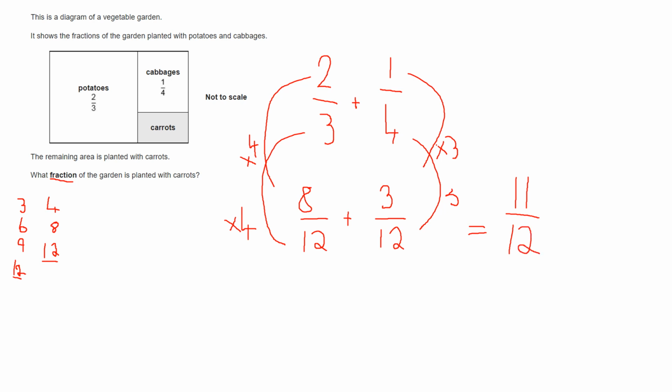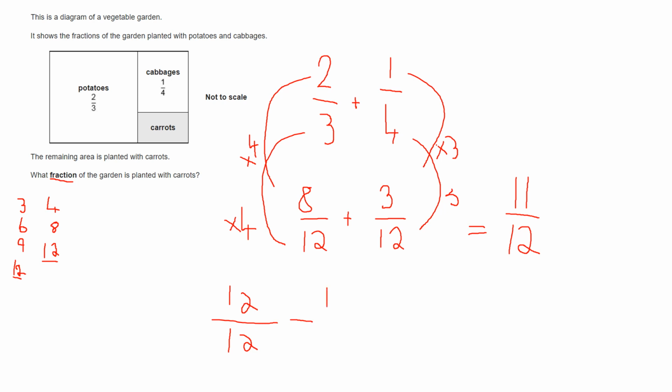So far, 11/12 of the garden has been taken up by potatoes and cabbages. So the question is asking us, how many is planted with carrots? What was left for carrots? So we know that the whole garden in 12ths would be 12/12, because 12/12 would be whole.